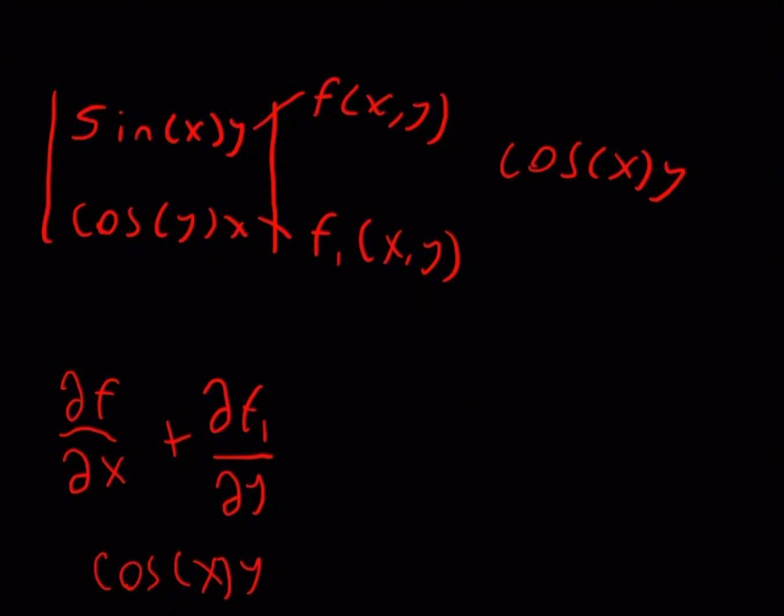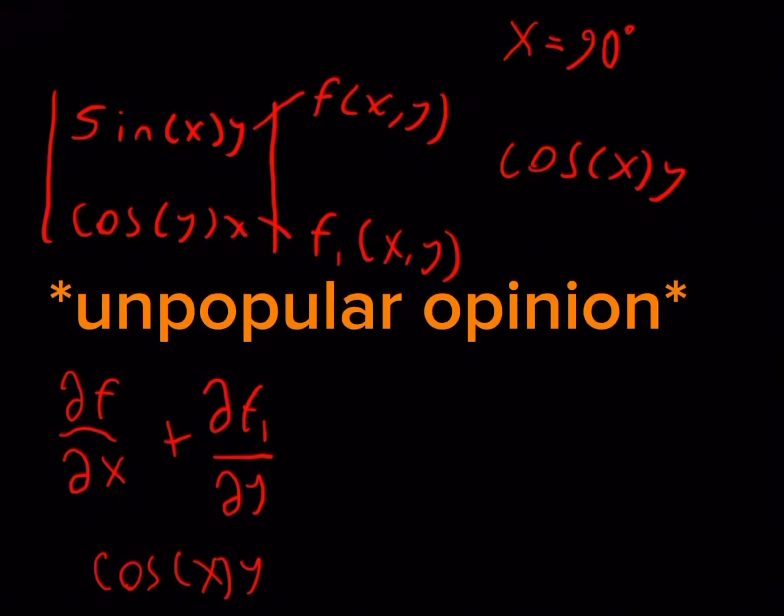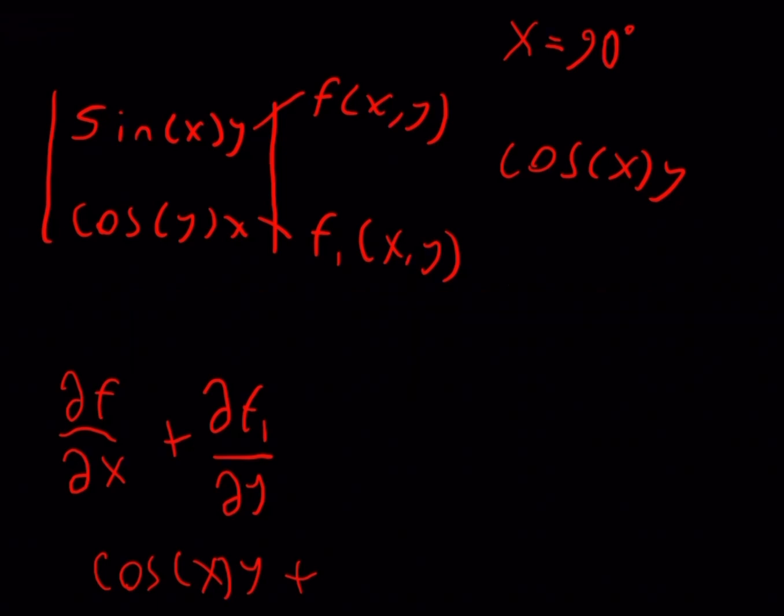And let's specifically find the divergence at x equal to 90. And let's use degrees in this case because I'm more comfortable with degrees than radians for some reason. So let's add this to the partial derivative of f1 with respect to y. And that's going to be equal to minus sine(yx).